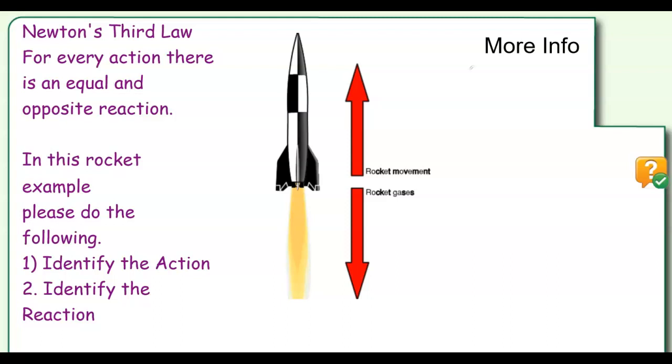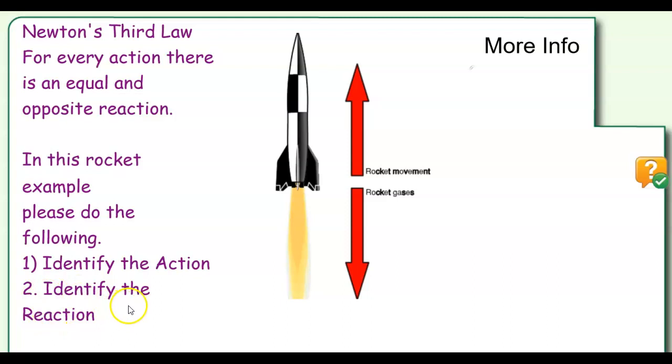So in this example, I want you to look at our rocket. I want you to identify the action. The action is that the rocket's gases go toward the ground.